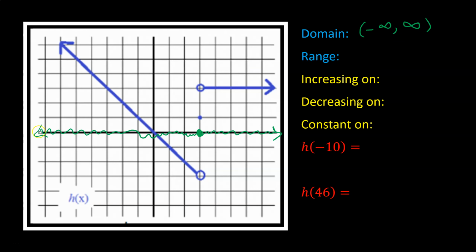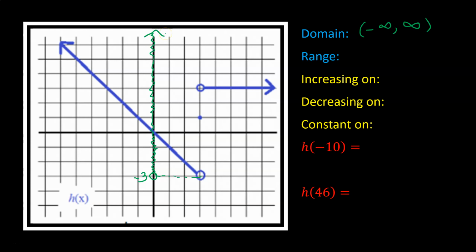So the domain in this case is -infinity to +infinity. Okay, now let's look at the range. The range is the set of possible outputs, or we would say the y values, going from bottom up because a smaller y value is on the bottom. And that would be -1, -2, -3. We are collecting all the y values of all of these points that belong to the function. And so this left piece right here will give you all the y values going all the way up.